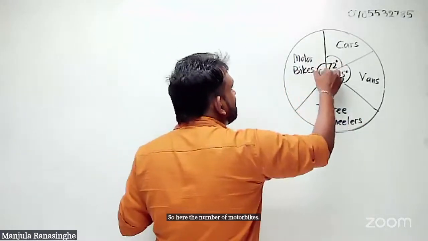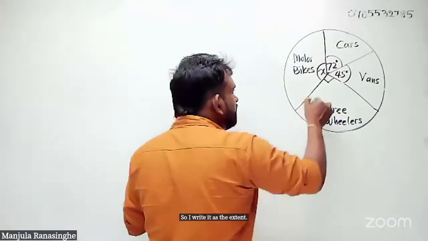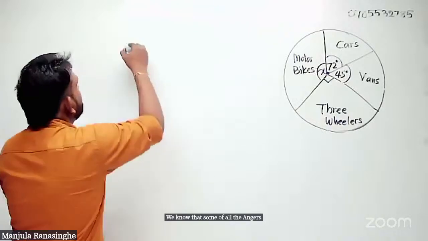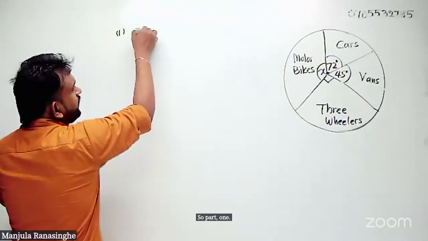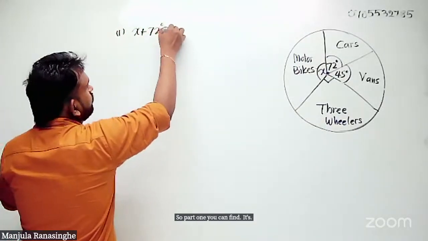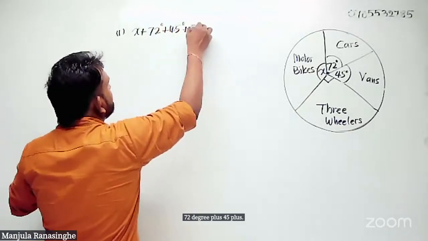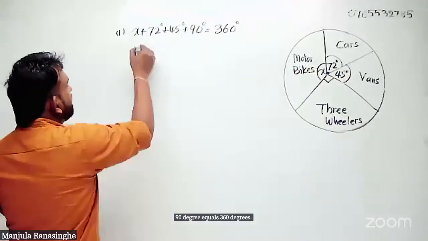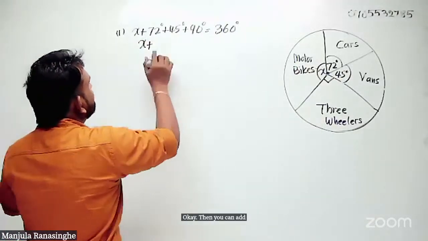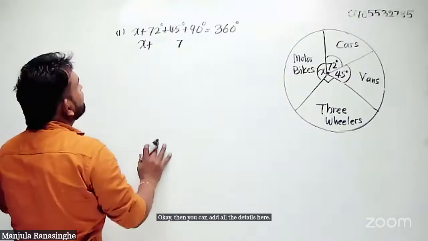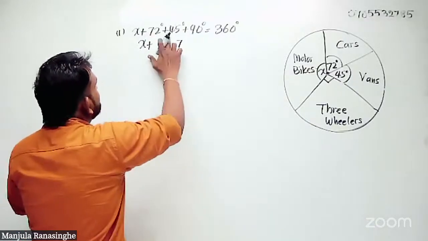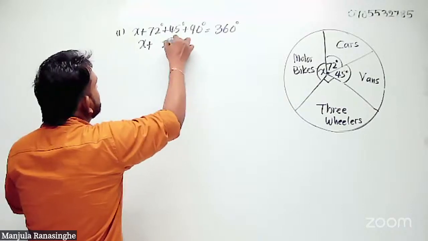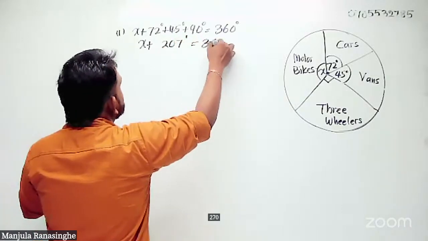So I write it as the x angle. We know that the sum of all the angles is 360 degrees. So for part 1, x plus 72 degrees plus 45 plus 90 degrees equals 360 degrees. Then you can add all the details here. 207 plus x equals 360 degrees.